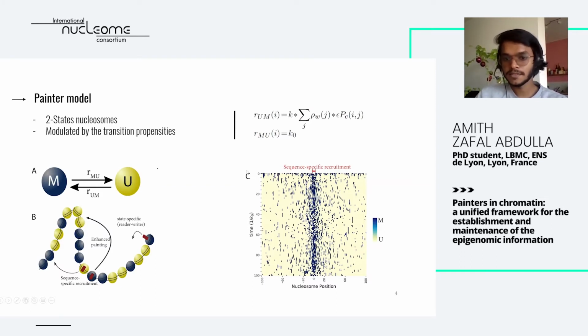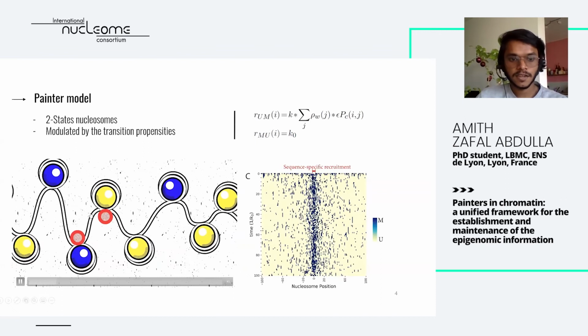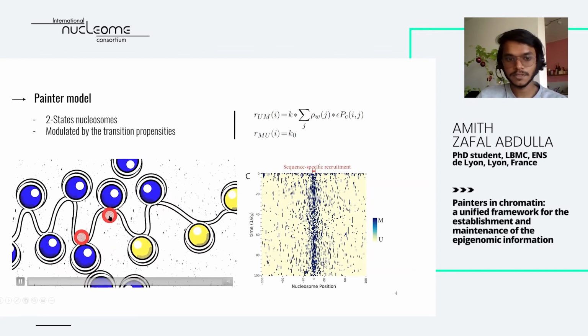Then we let the system evolve in time, where the chromatin state dynamics is modulated by these propensities. What we see is a clustering of blue states around the sequence-specific recruitment site. To illustrate this process, I have an animation here. These are our enzymes or painters. They're recruited onto the specific sequence here.